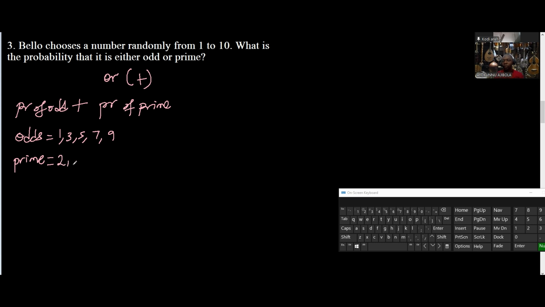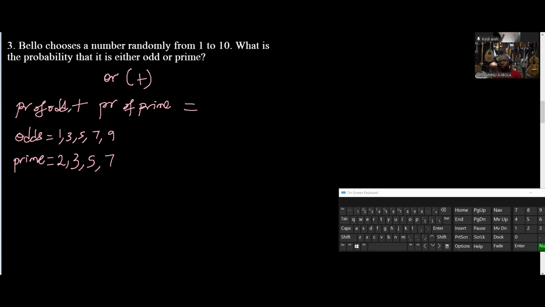So we start from 2, 3, 5, and 7. We cannot pick 9 because 9 is divisible by 3.